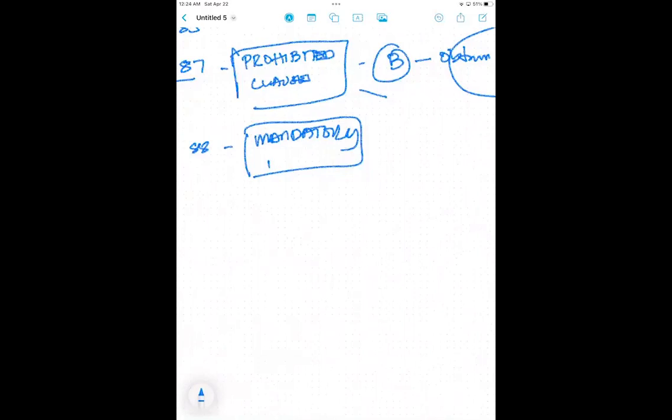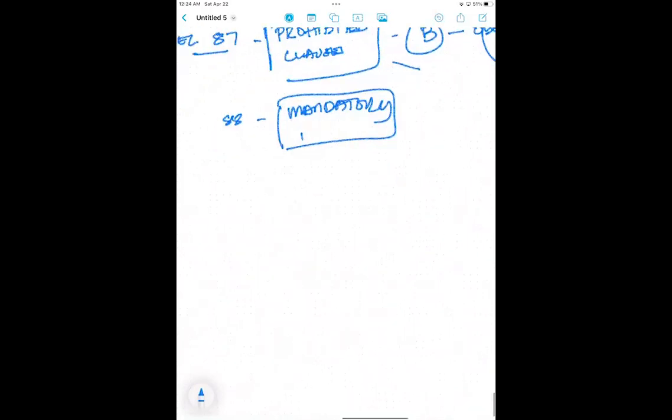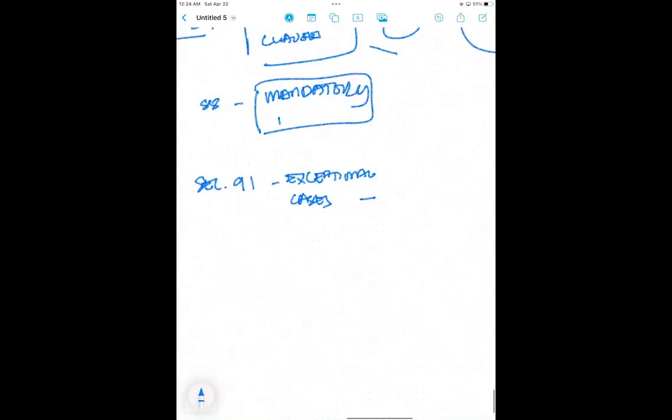Meron bang exception dito? Yes, there is an exception. And the exception is found in Section 91. If there are exceptional cases, and these exceptional cases are illustrated in Section 91.